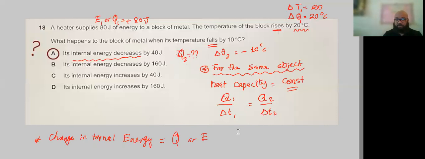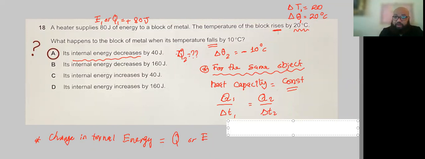Here, Q1 equals what? Positive 80. Sorry, some sudden technical problem happened. Okay, so I'll use the text instead of handwriting.